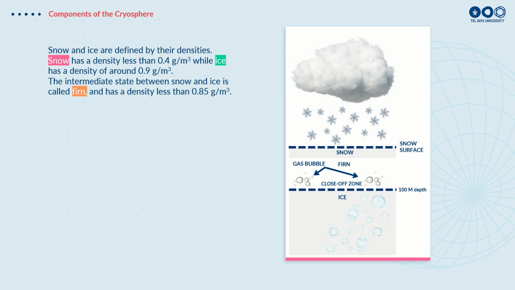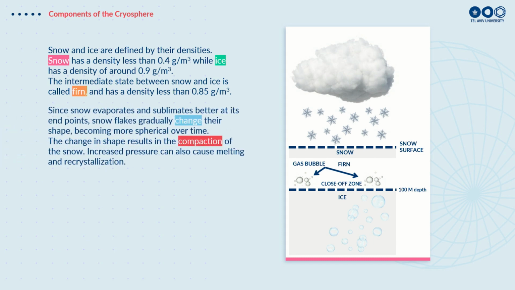What happens when the snow falls is that it eventually builds up a thick layer of snow, and the weight of the snow starts to compact into an intermediate phase we call firn. Firn is between snow and ice and has a density which is less than about 0.85 grams per cubic meter.